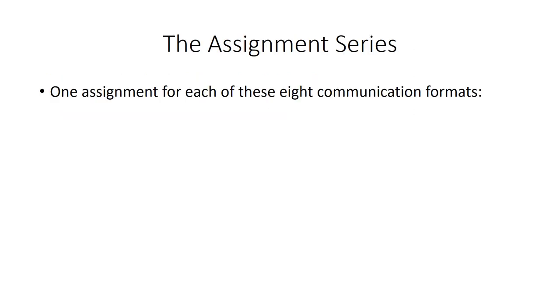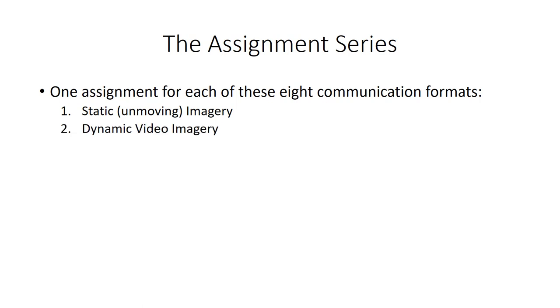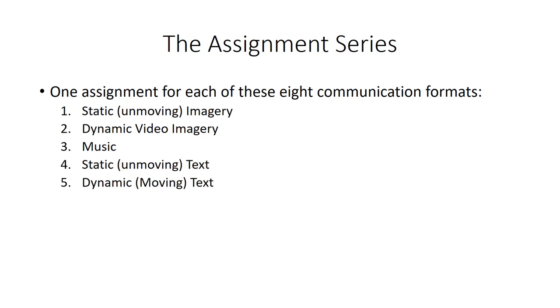This assignment series ends up being one assignment for each of the 8 communication formats. Static or unmoving imagery, which basically means like a print ad. Dynamic video imagery, which is just a matter of looking at video. Moving imagery. Music. Static or unmoving text.